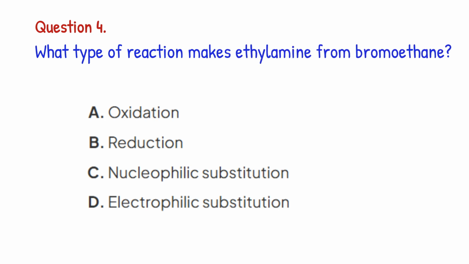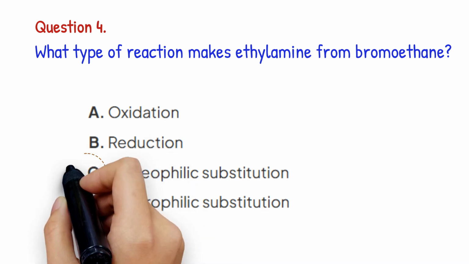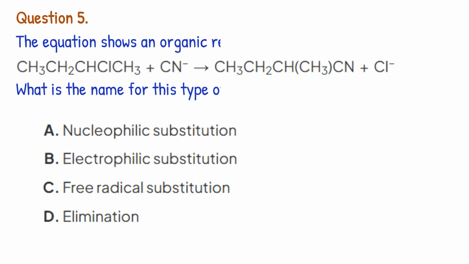Question 4. What type of reaction makes ethylamine from bromoethane? The correct answer is C. Question 5.